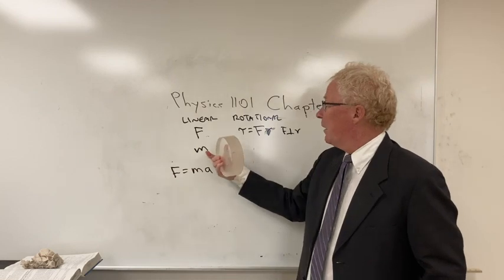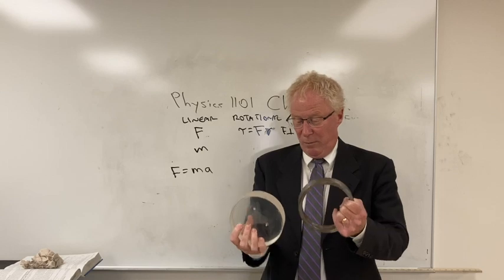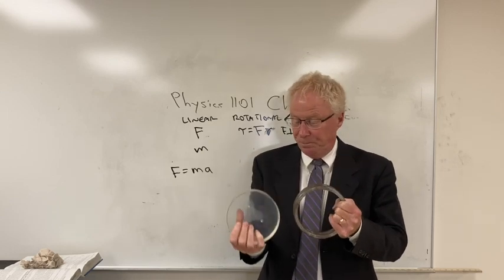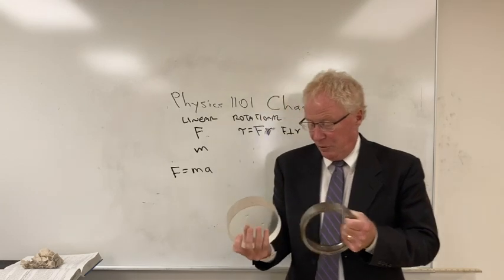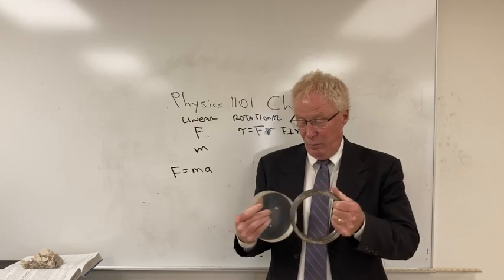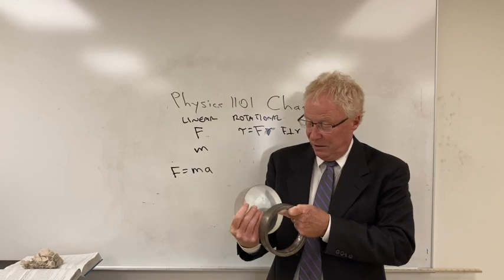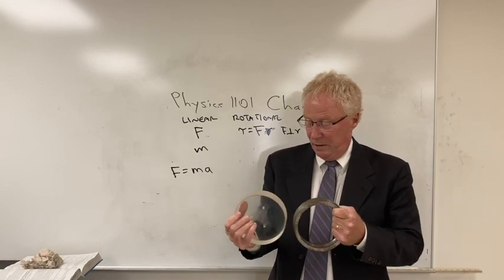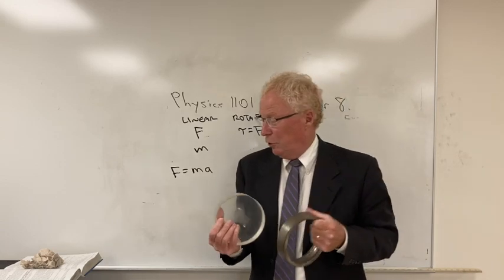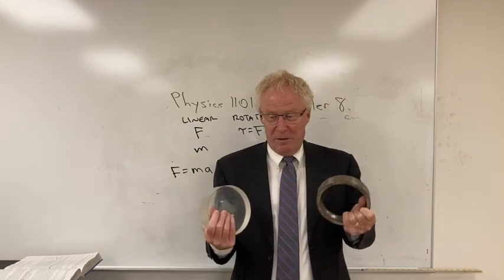Comparing, both of these objects, this ring and this disc, weigh approximately 2 kilograms each, maybe 5 pounds each. So they both have the same mass. But this ring has all the weight concentrated on the outside. This disc has all the weight distributed throughout it. So there's a difference between these two as far as rotation.